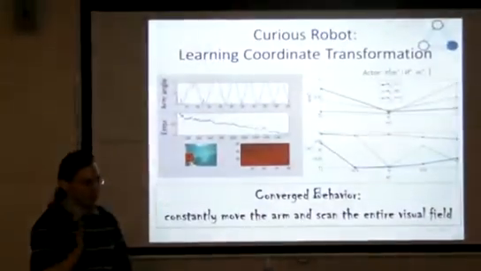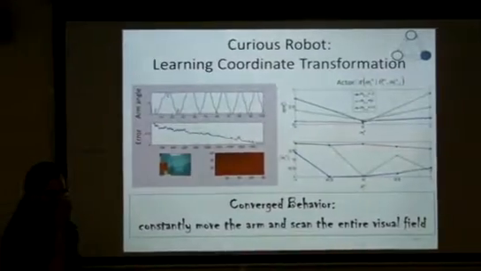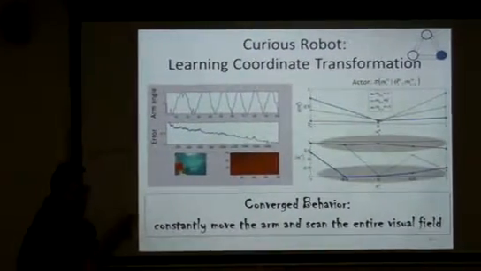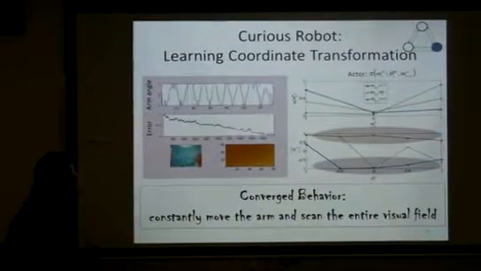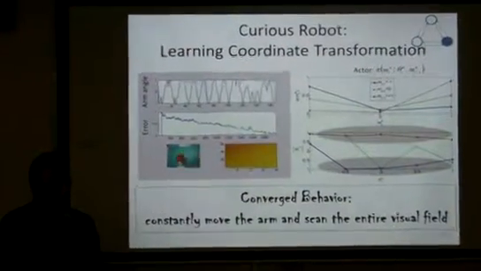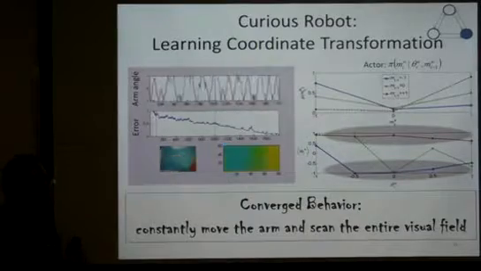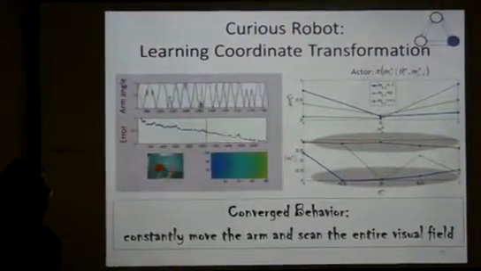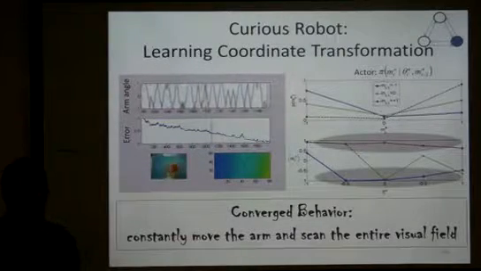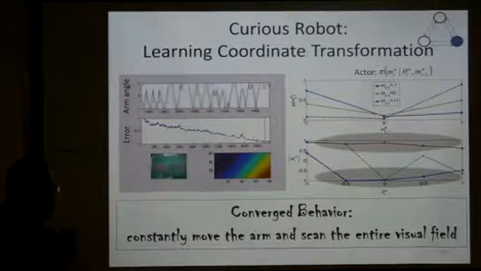So here I'm asking how should move the arm, not the camera, just the arm. Okay, so it's again very simple. Just move your arm, and again it's like a stupid simple solution, but the nice thing is that I didn't program it. The robot learned it by itself. It learned by itself that it should move this way in order to learn this coordinate transformation.